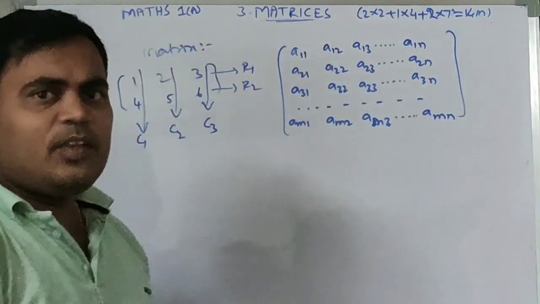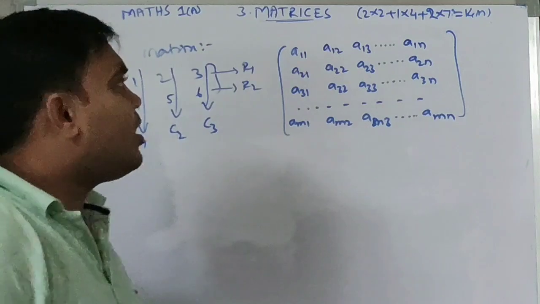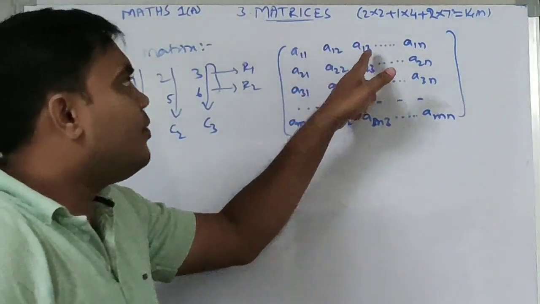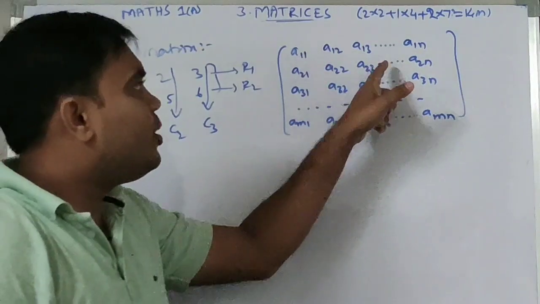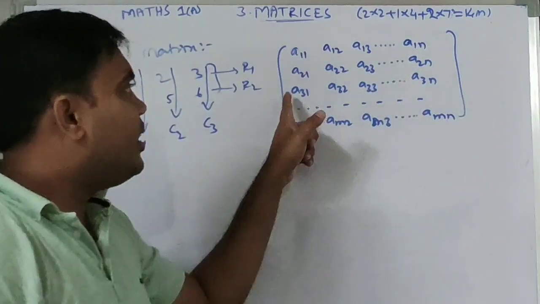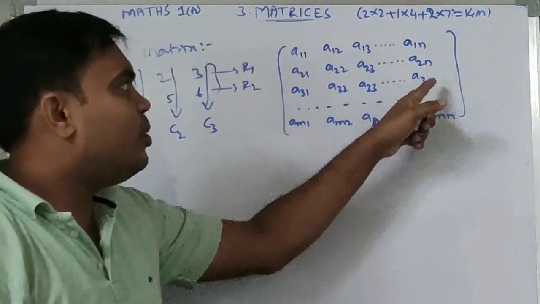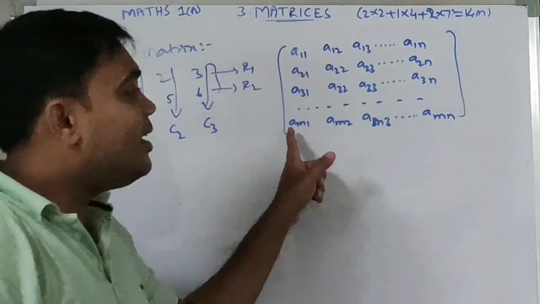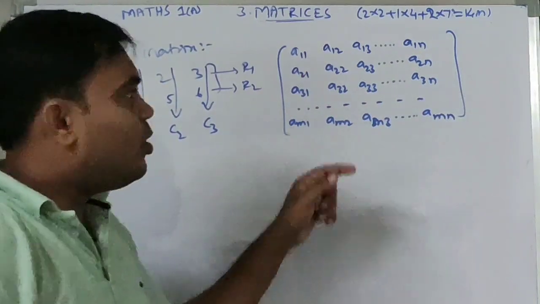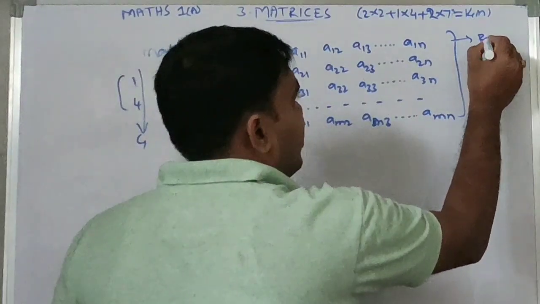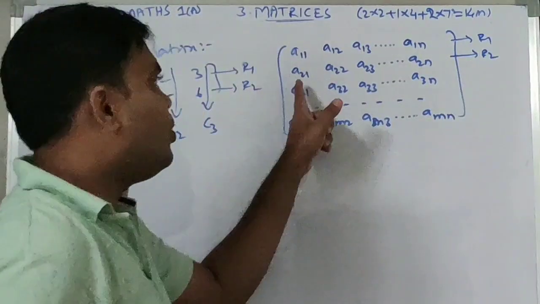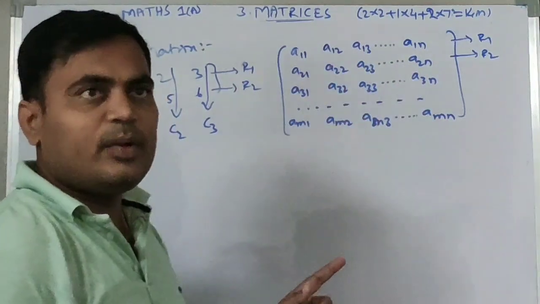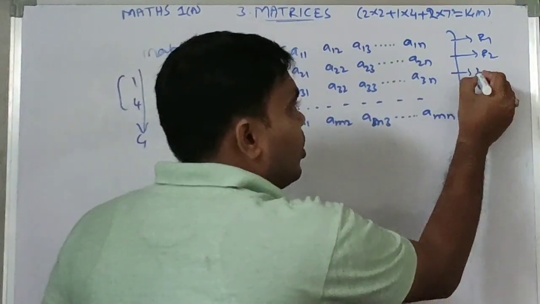If we observe the rows, in the first row the elements are A11, A12, A13 up to A1n. The second row has A21, A22, A23 up to A2n. The third row has A31, A32 up to A3n. This is the first row R1. This is the second row containing A21, A22 up to A2n. This is the third row.